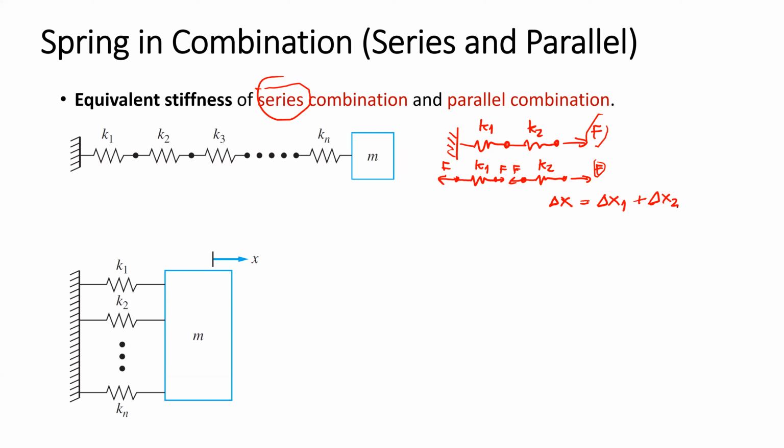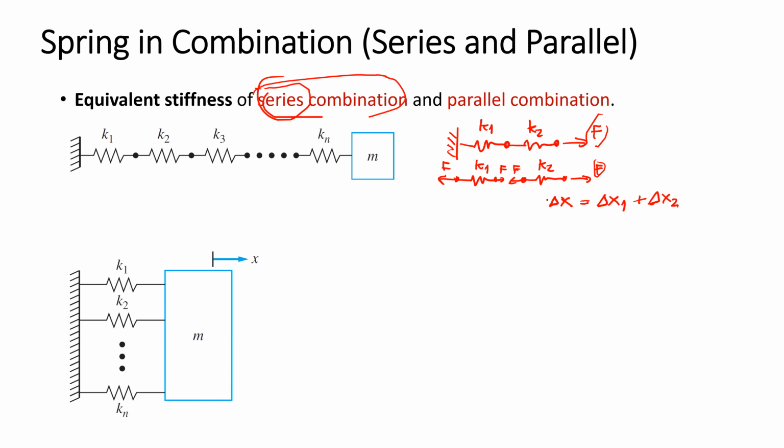For the series spring, the force is equal in all the spring, and the total displacement is the combination of displacement from the component of the spring.